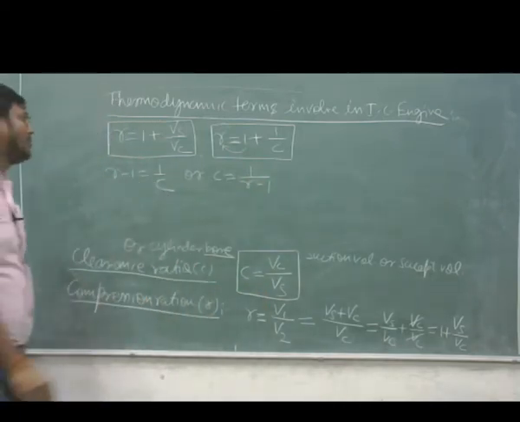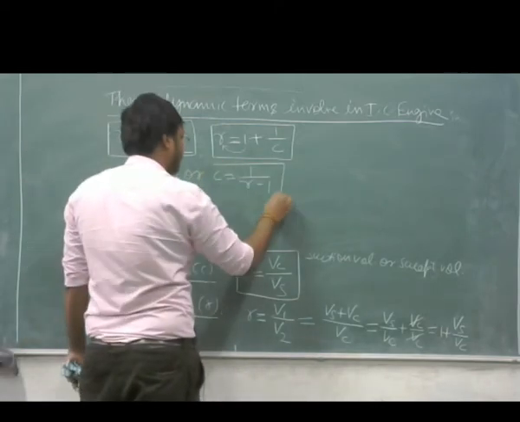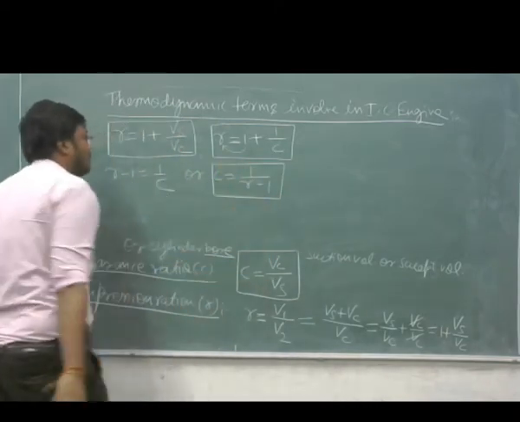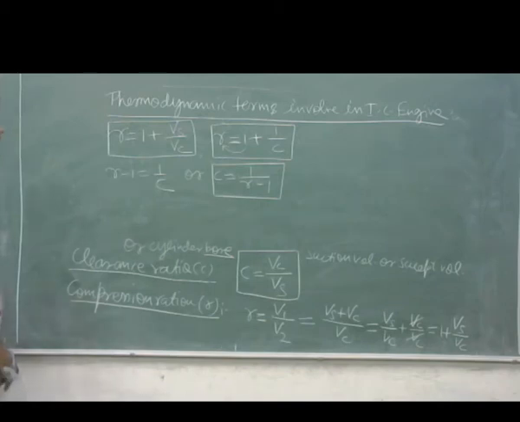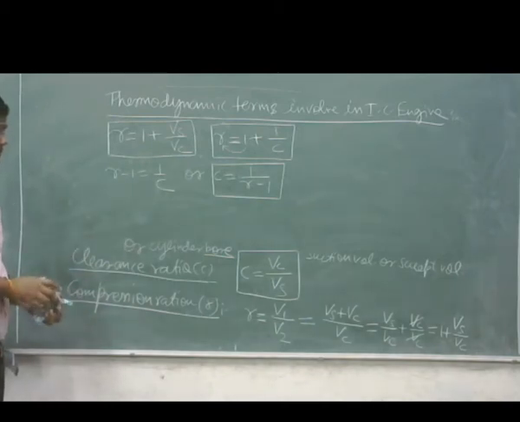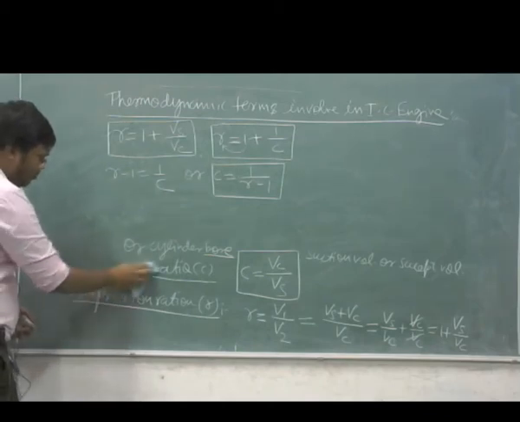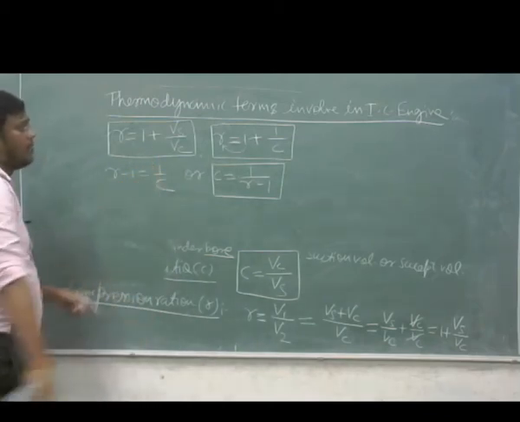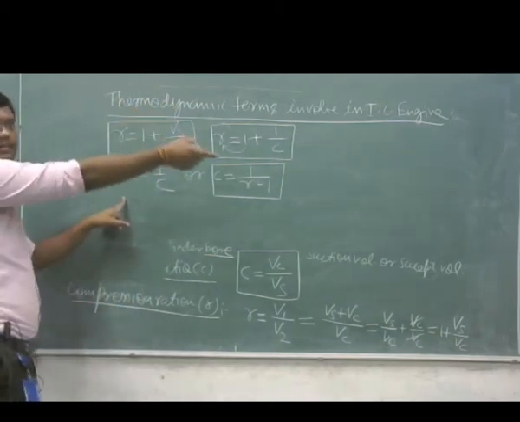So this is the third formula we have got. These are the formulas for compression ratio R. You have to keep in mind all these formulas because we are going to use them in other derivations also.